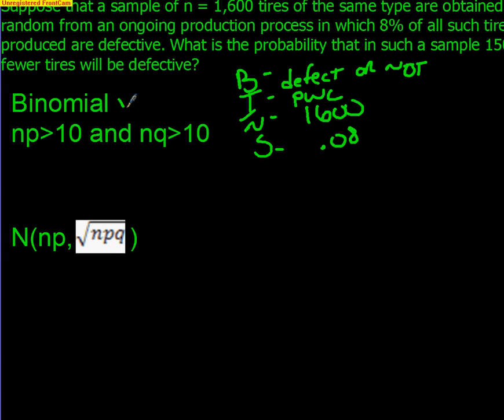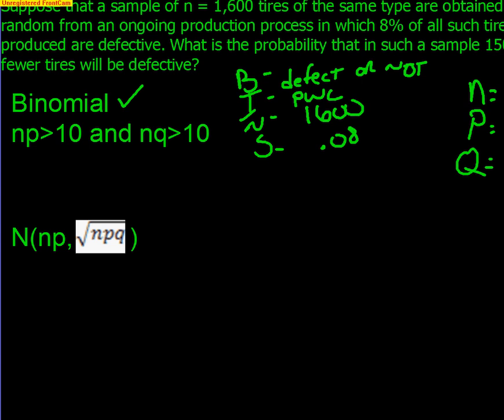Is np greater than 10? Well, let's make my shopping list. I need an n, p, and q for right now. So n is 1600, p is 0.08, and q is 0.92.